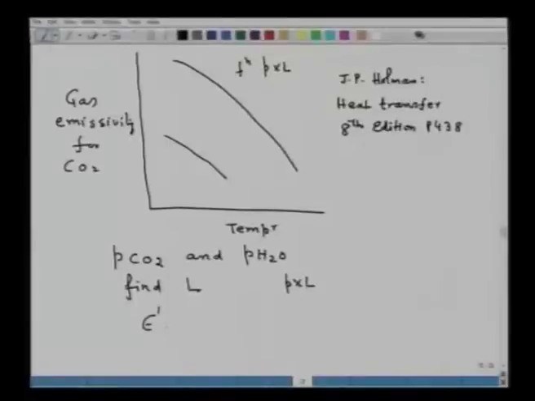Similarly, you can do the emissivity of H2O, consulting the independent diagram for each. Then epsilon dash G will be equal to epsilon CO2 plus epsilon H2O when the products of combustion consist of CO2 and H2O.